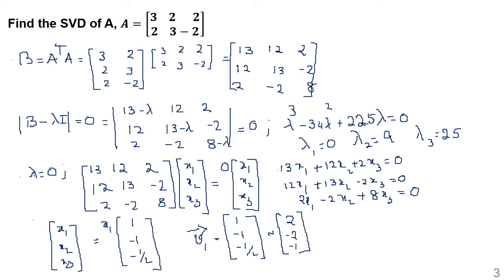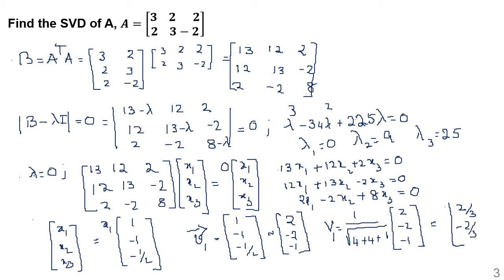So we need to find the unit vector. So unit vector v1 is 1 divided by root of 4 plus 4 plus 1 multiplied by 2, minus 2, minus 1, which will give us 2 by 3, minus 2 by 3, minus 1 by 3.